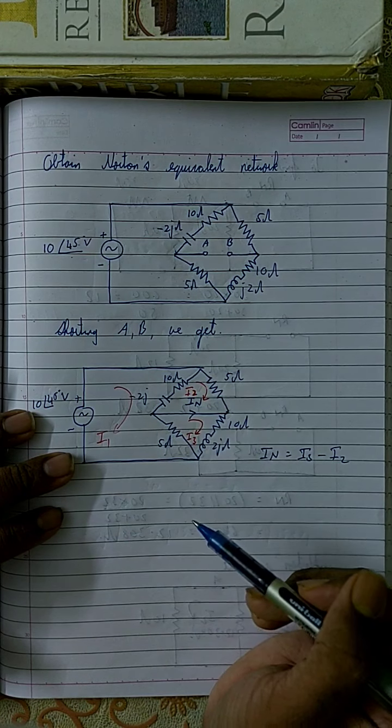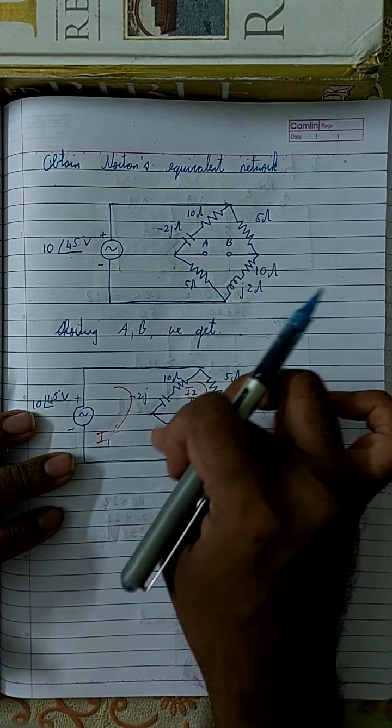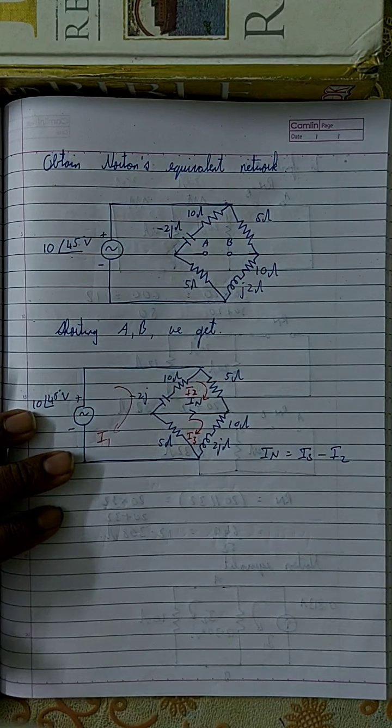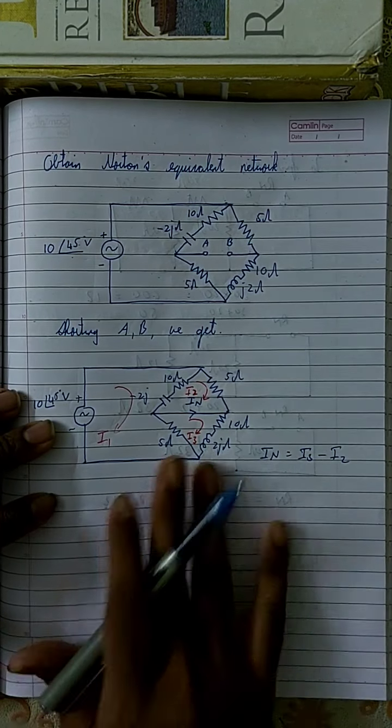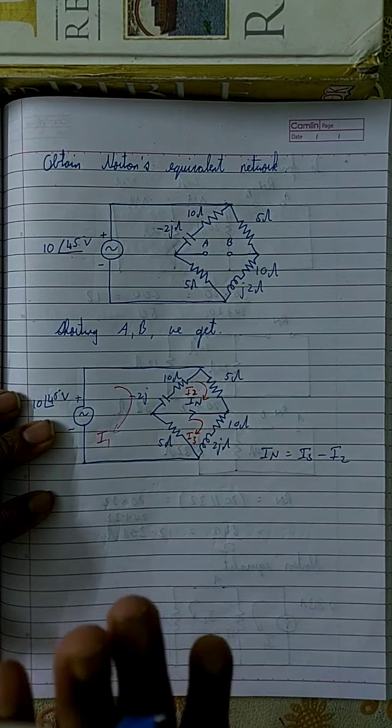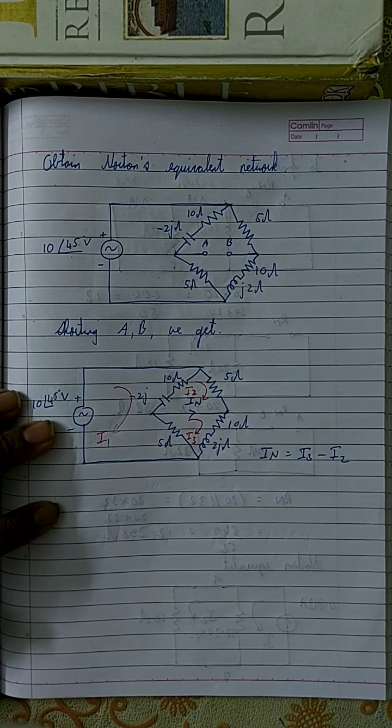In the same way, if a current flows through this branch, some will flow through this branch and some through this branch. Therefore we can never say that these 2 branches are in series. The only way to do this is by applying the old-fashioned mesh analysis. So let's do this question.